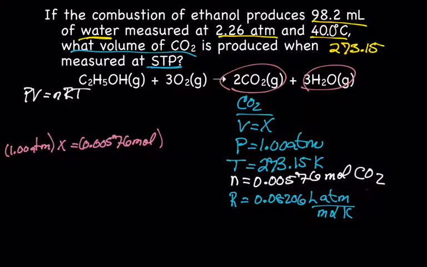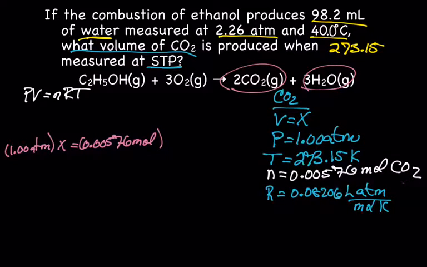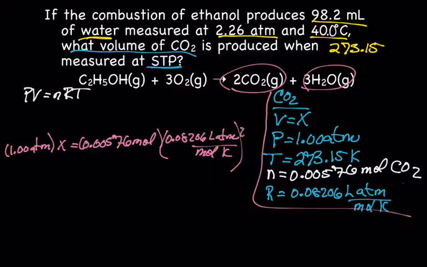And R is 0.08206 liters atm over mole K. Okay, and our temperature is 273 K. So our moles cross out, our K's cross out, and now we can solve for X.